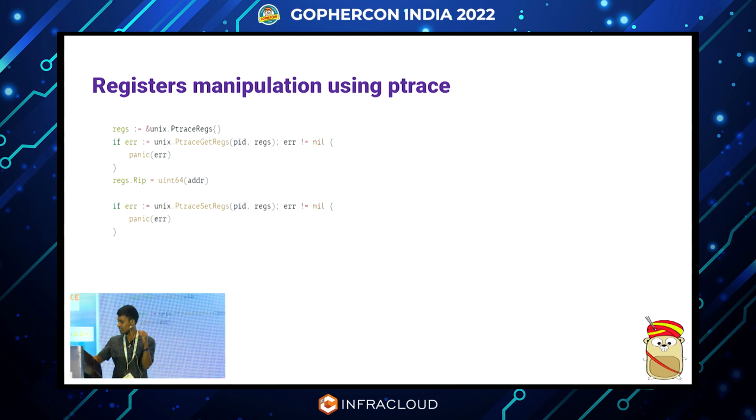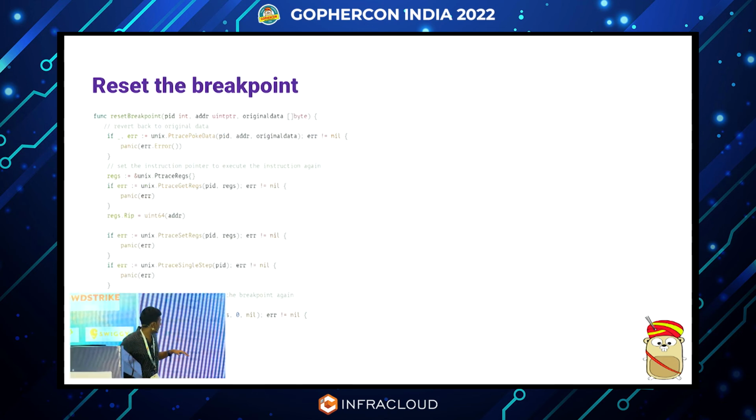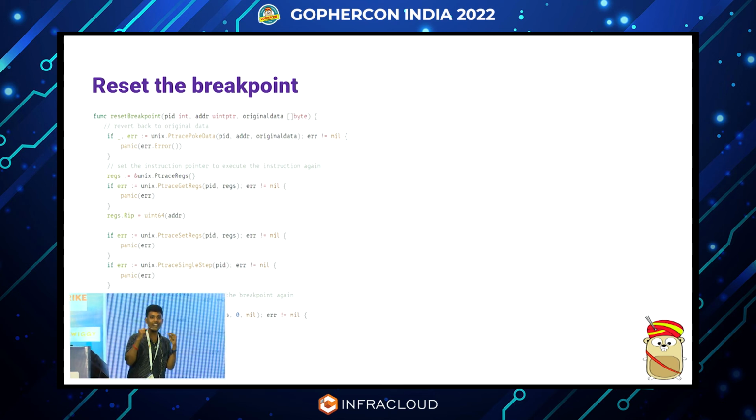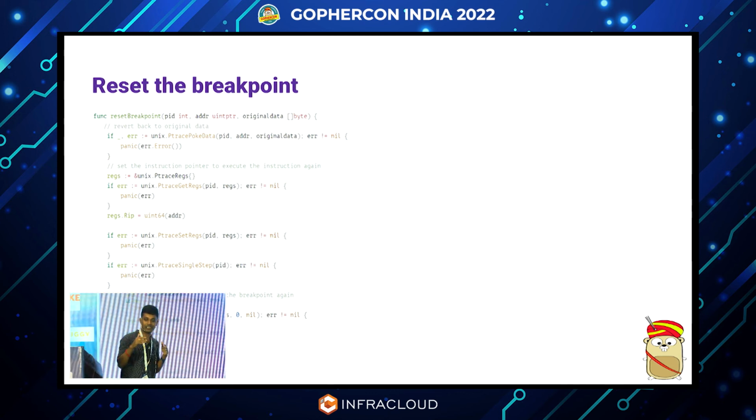For that, after we set our registers, there is one syscall called ptrace single step. What it does is execute just one instruction. The CPU doesn't run the entire flow. After 12, you execute only 13.